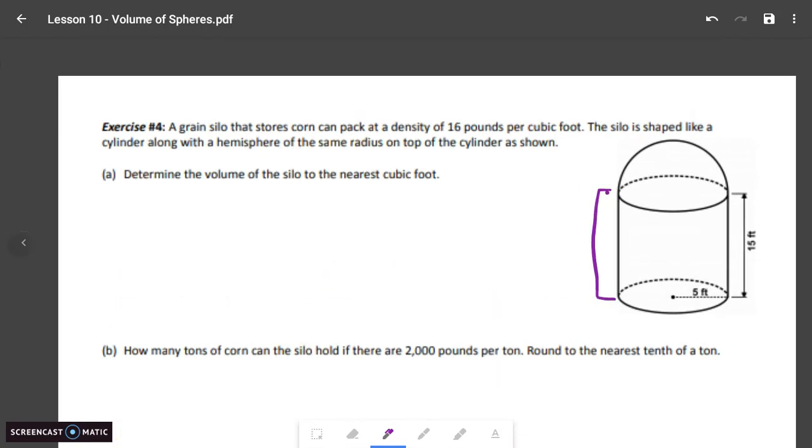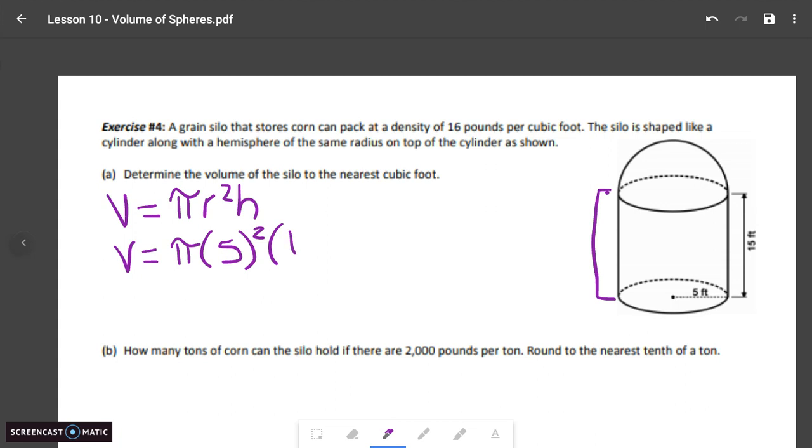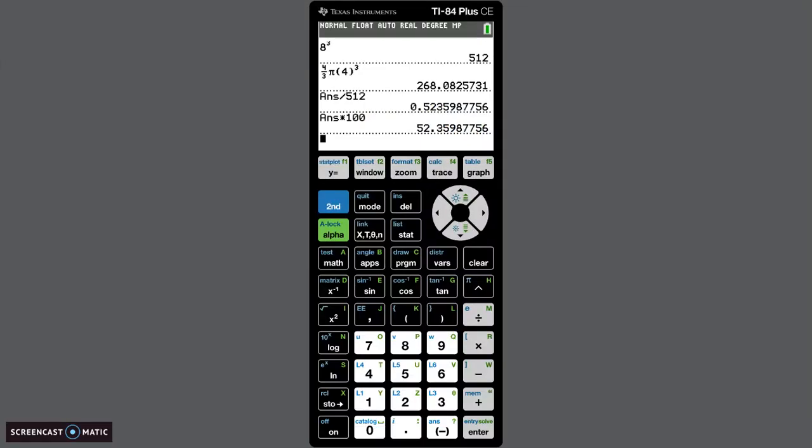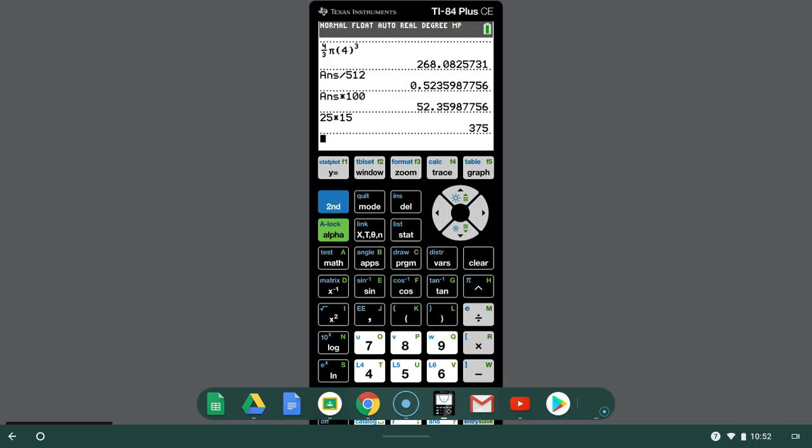So the volume of a cylinder is pi r squared h. R is 5, and the height is 15. I'm not going to put it all into the calculator just yet. I'm going to have 5 squared, which is 25, times 15, 375 pi.